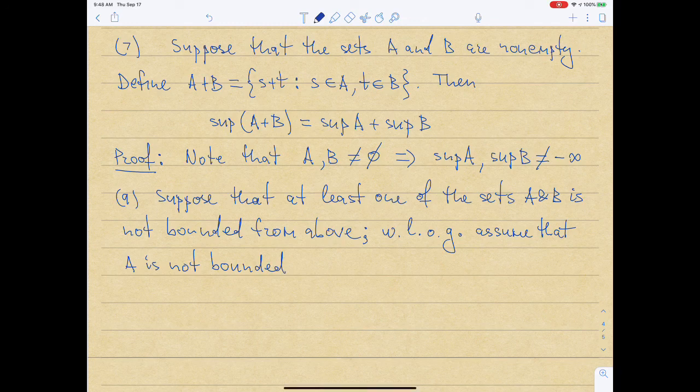Right, because likewise I can assume that B is not bounded, or both A and B are not bounded, but it's enough for me to just assume that A is not bounded. So if A is not bounded, then not bounded from above, sorry. Right, because that's what we're talking about here. From above.